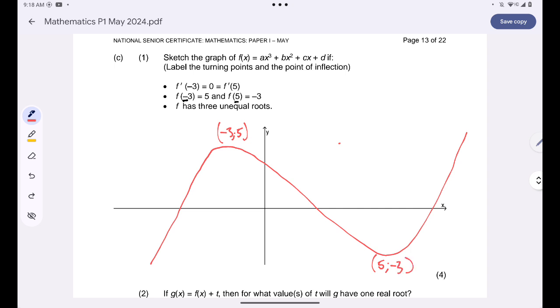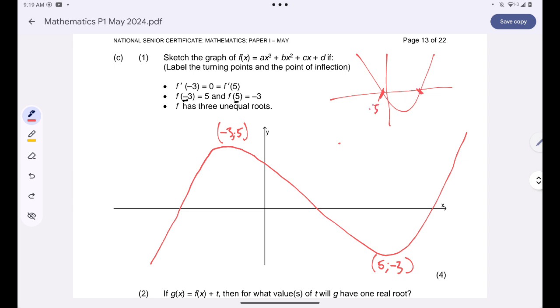They wanted us to indicate the point of inflection. How can you do that? Remember that, guys, the derivative graph for the cubic function is always a parabola like this, right? So whereby these two are the turning points.